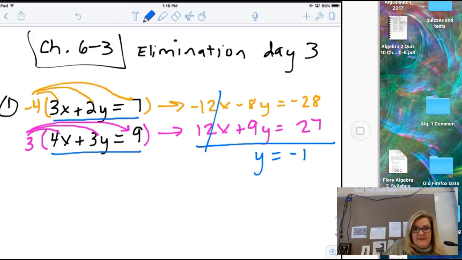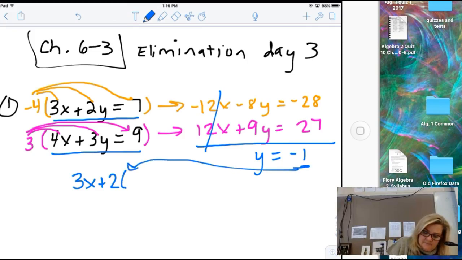Looking at that, I think I'm just going to pick the top one. So I'm going to have my 3x plus 2 times this -1, substituting what our y value is, equals 7, which gives us 3x minus 2 equals 7.